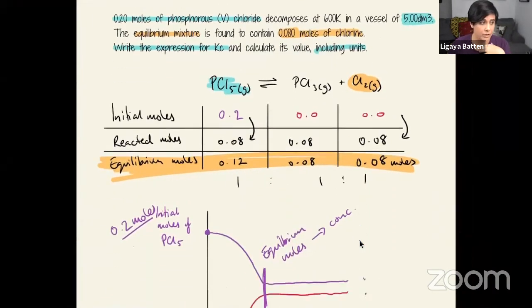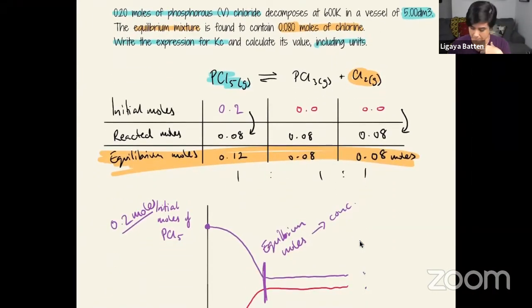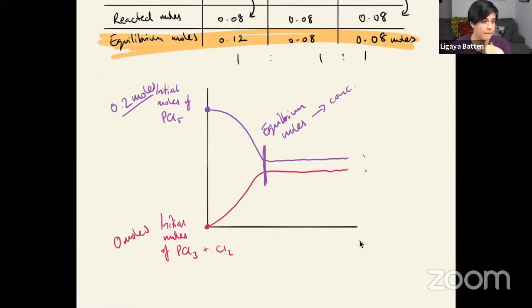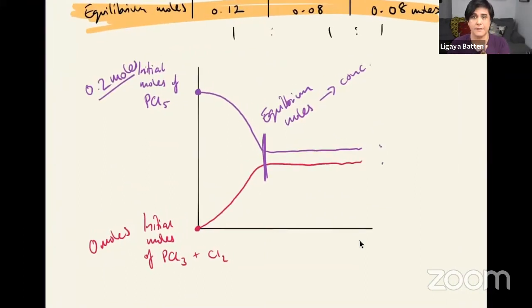So if we have a look at this graph, the PCl5, the purple line, this is our moles of the reactant. And there's no product at the beginning.